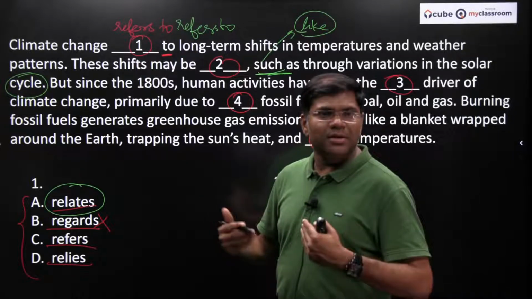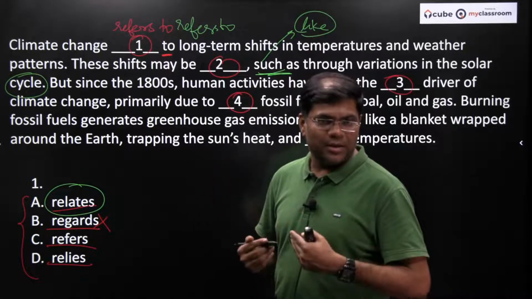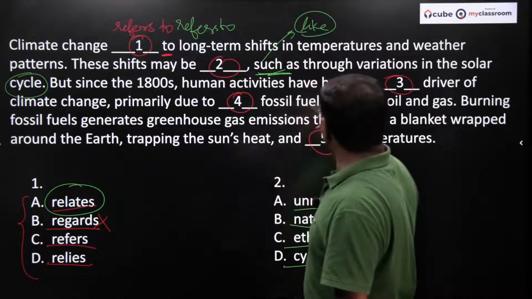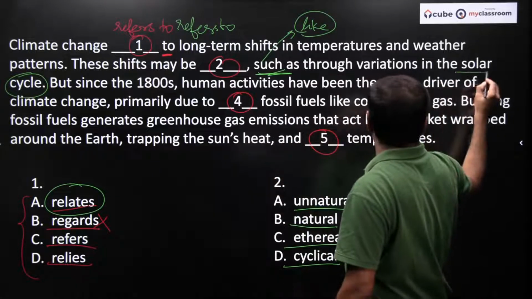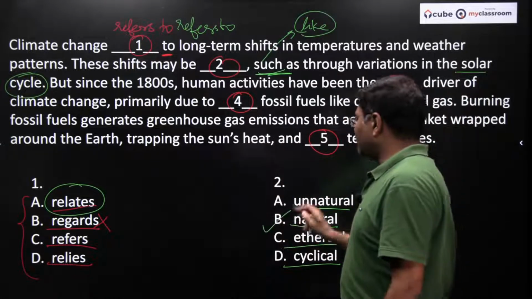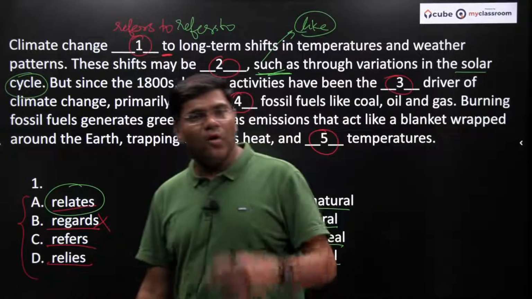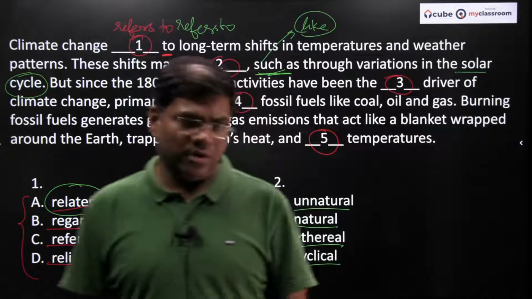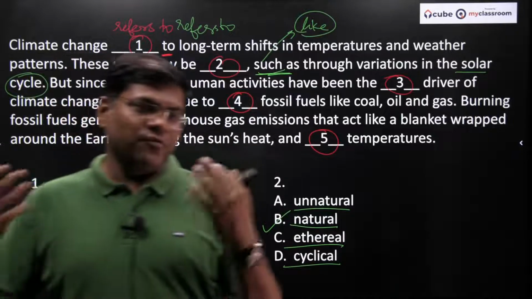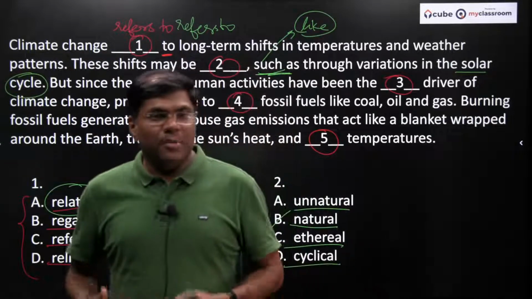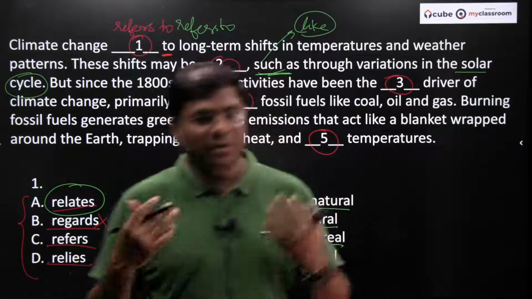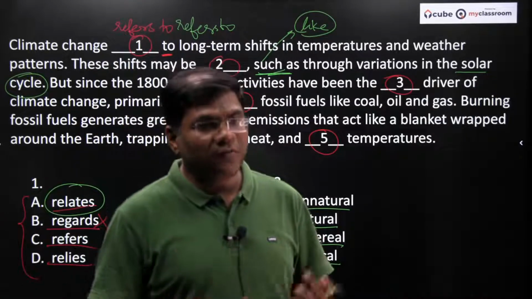That doesn't mean that the shifts are going to be cyclical. But we know that because the solar cycle is the reason behind it, it could be natural. Anything that happens because of nature can be called natural. When you get rainfall because of monsoon, that is natural. But when you create rainfall by using technology, that is unnatural, artificial or man-made.